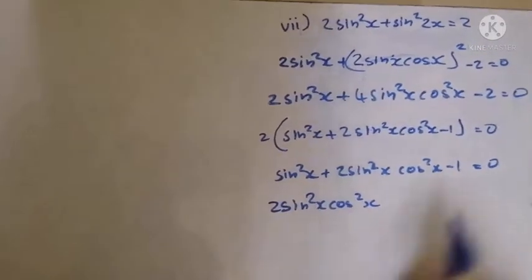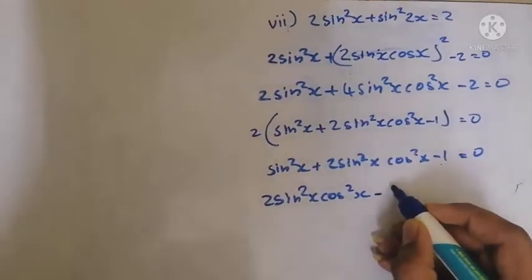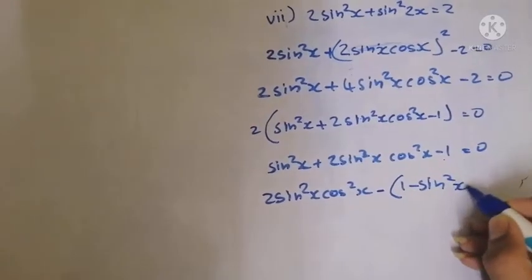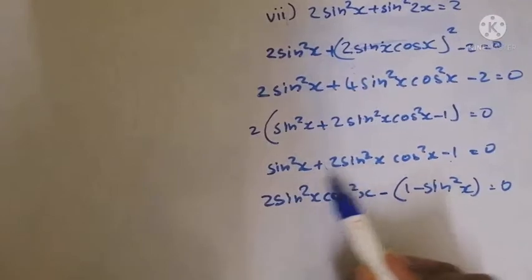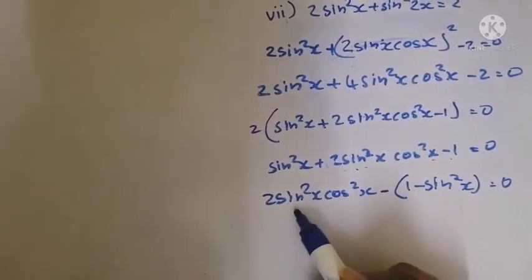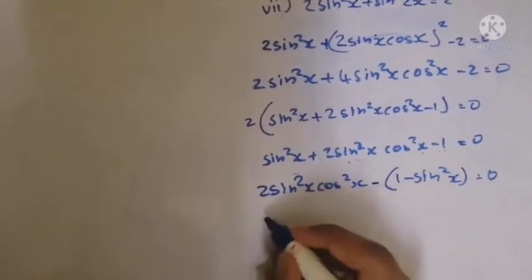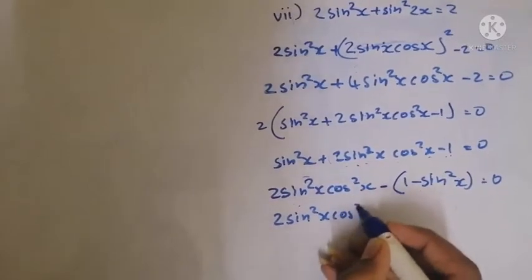By that formula we can see 1 minus sin square theta, so we take minus common. We have taken this equation to this side and 1 minus sin square theta to this side. So now sin square x cos square x.